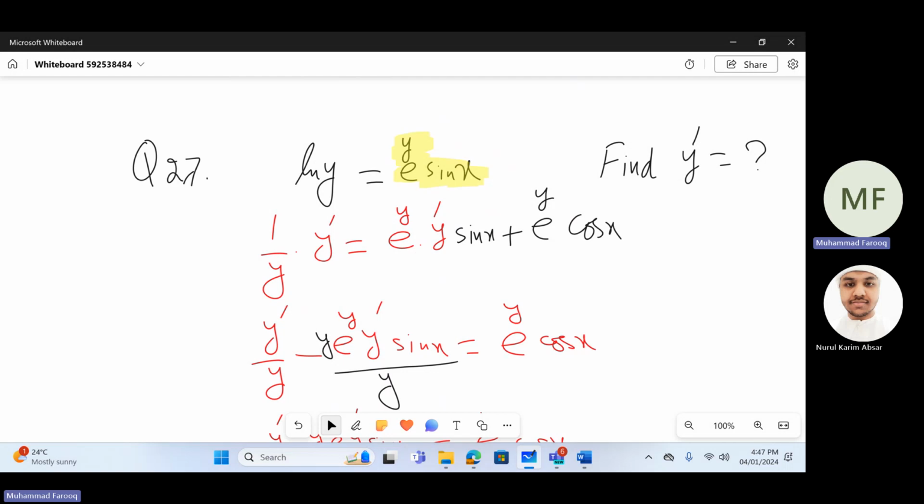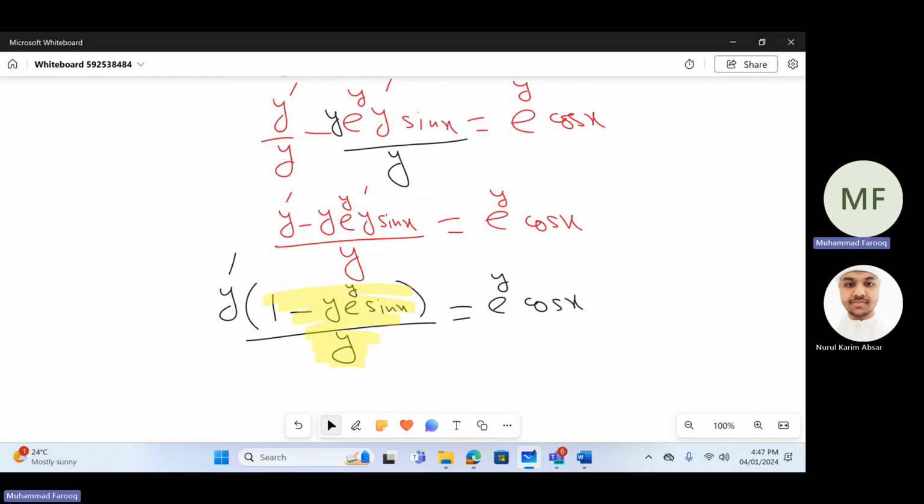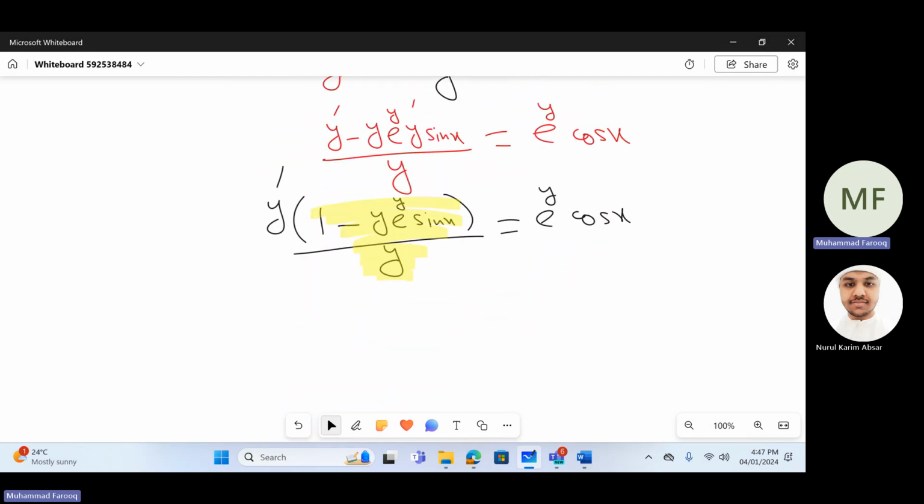Okay, actually, it only happens with this question. The questions will not be like that. So the concept should be one which you can apply everywhere. So please look here. Because I don't need this part, because I need only y prime, I have to cancel this one. How do I cancel? I multiply this side by y divided by 1 minus y e^y sine x, the same quantity I am multiplying here.